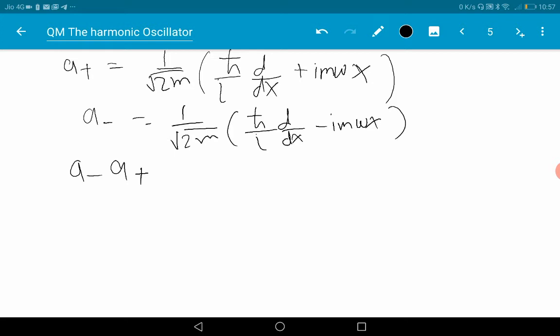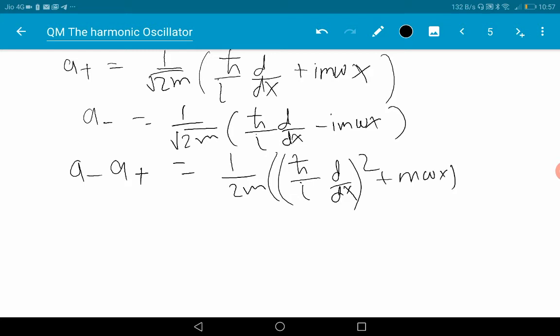So these are the two operators we have, and if you multiply a minus into a plus, it gives 1 by 2m (h cross by i d by dx plus m omega x) whole squared, plus half h cross omega. This is nothing but normal multiplication.